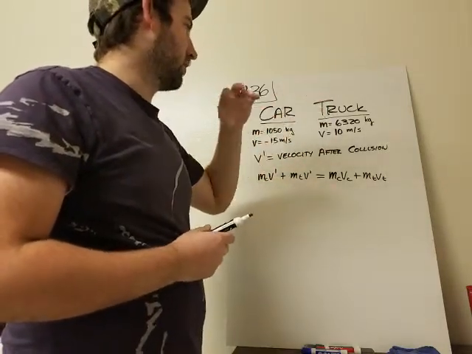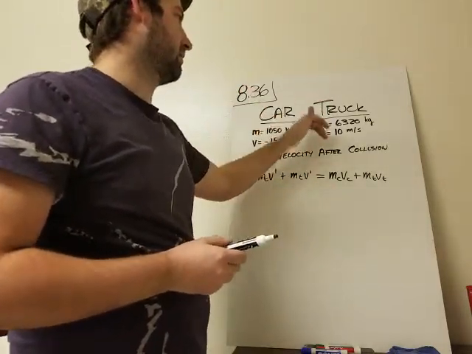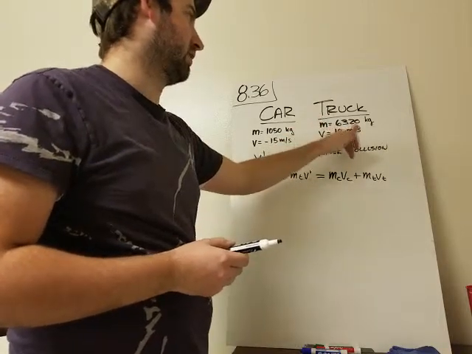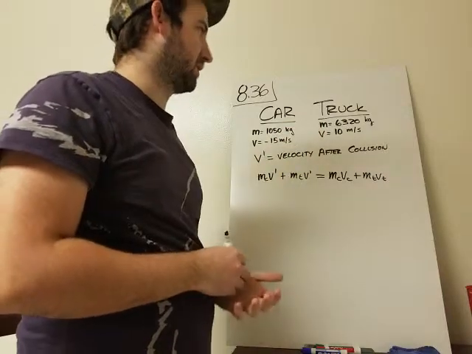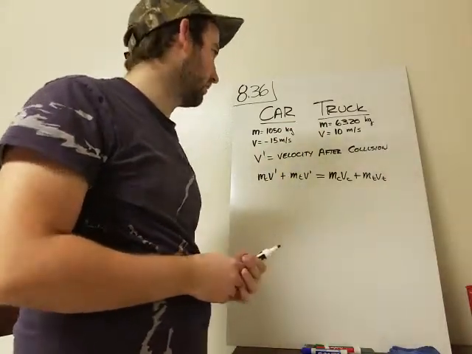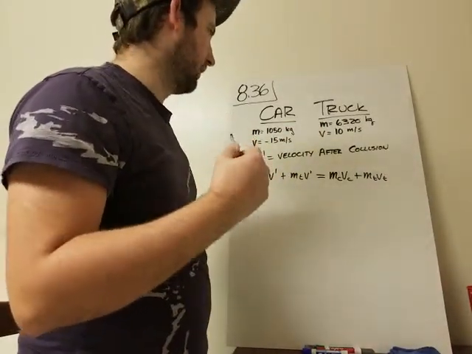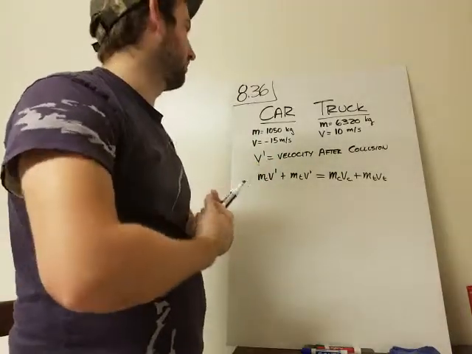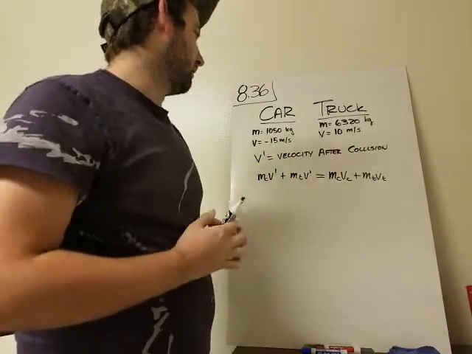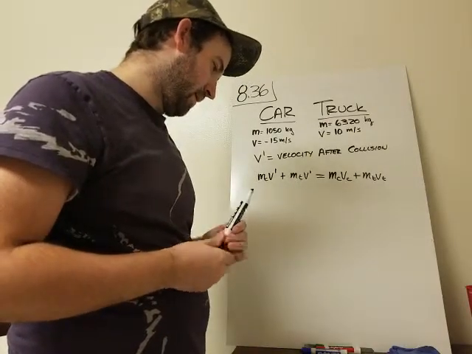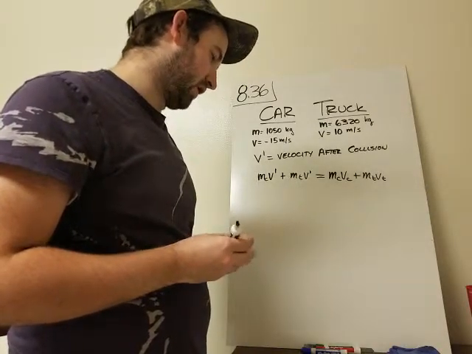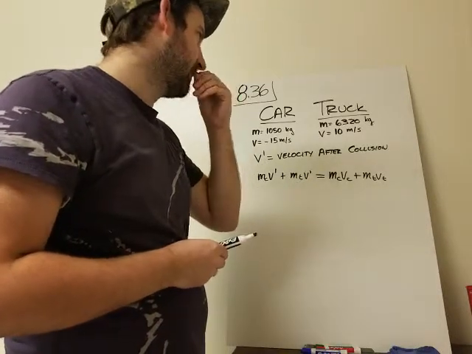A truck is traveling east at a velocity of 10 meters per second with a mass of 6,320 kilograms. These two vehicles collide directly, and part A wants to know the velocity of the two vehicles just after the collision.